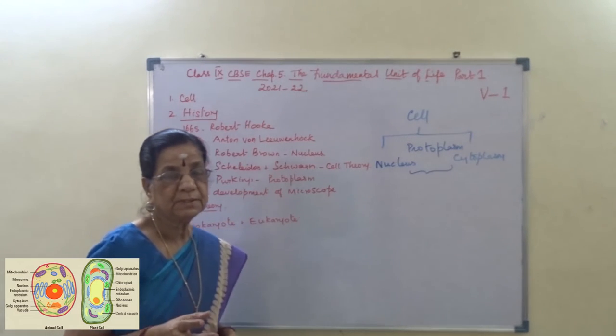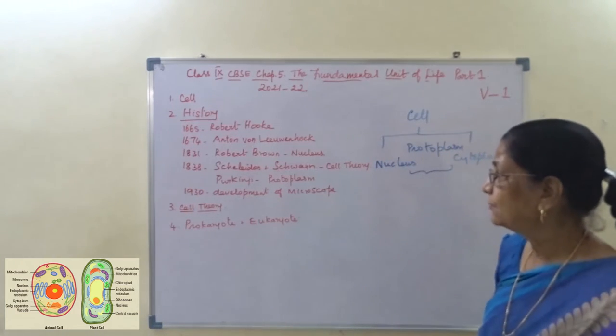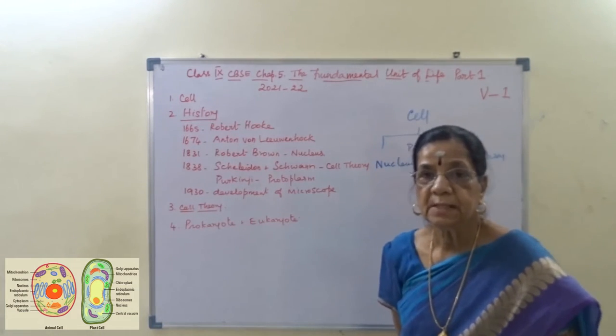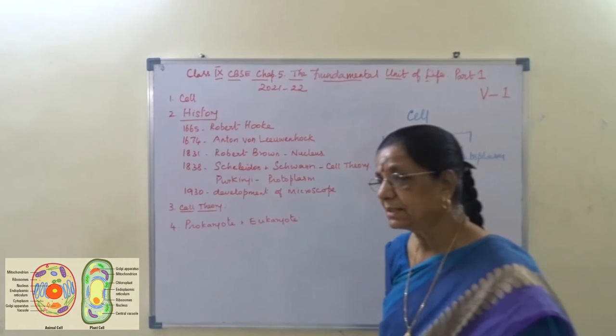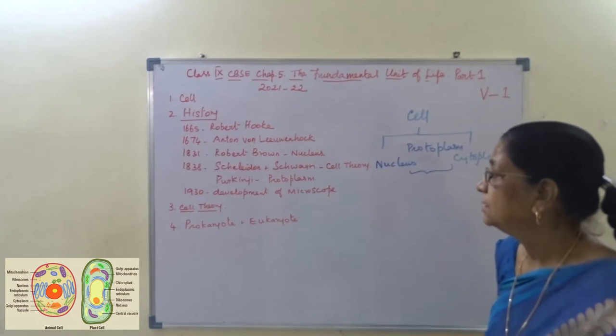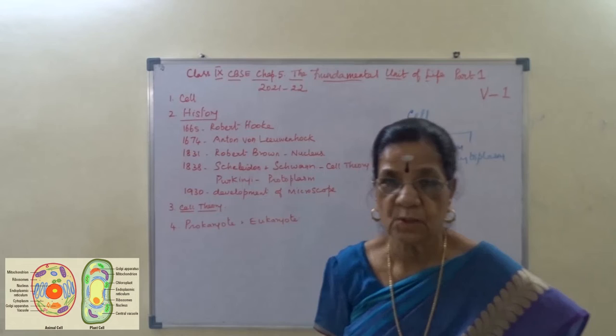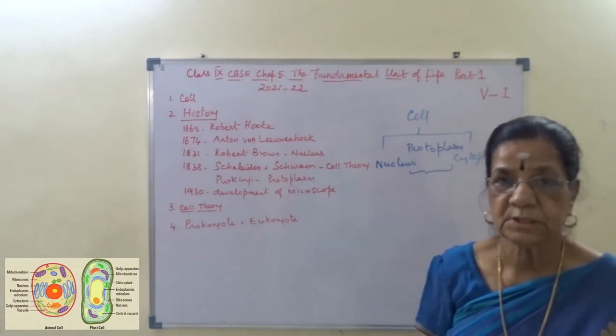So I repeat, cell is the structural and functional unit of life. It is formed of protoplasm, which in turn contains nucleus and cytoplasm. The cell theory was stated by Schleiden and Schwann along with Rudolf Virchow.